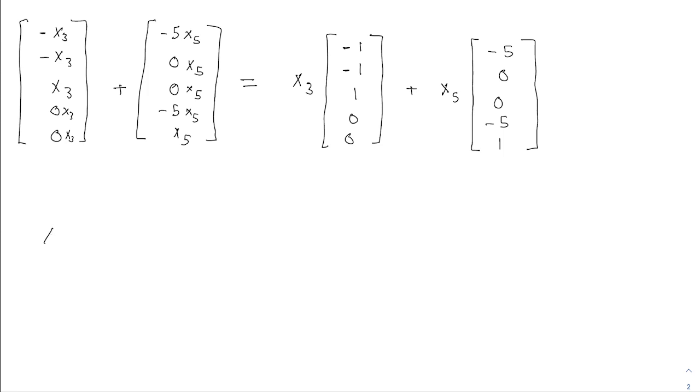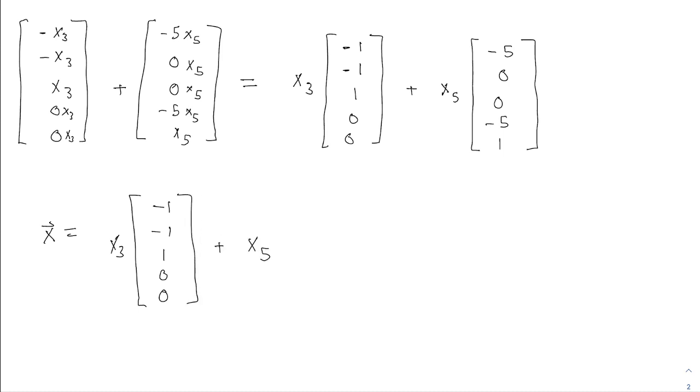So just to put it in its last step, we're going to say our vector x is equal to x3 times negative 1, 1, 0, 0. I'm not changing anything about our numbers here.